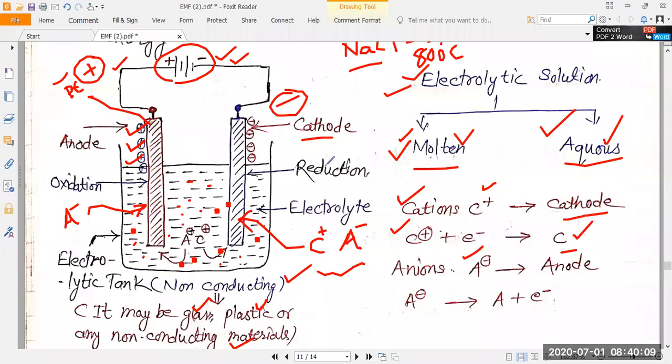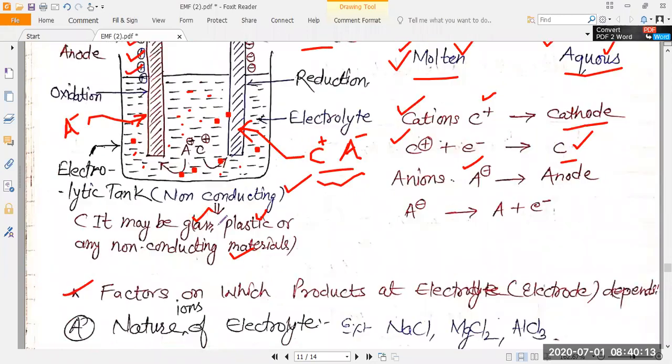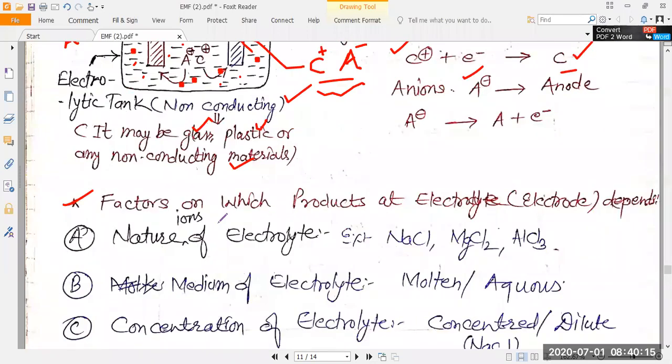Suppose we have taken CA as electrolyte, then it converts into C and A. Then the products that are formed at cathode and anode will depend on the following factors.